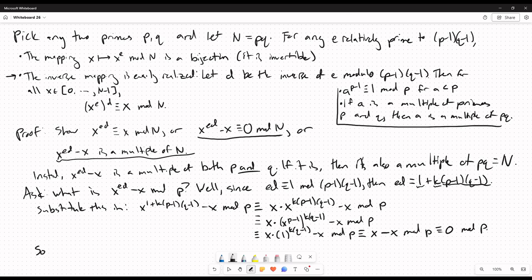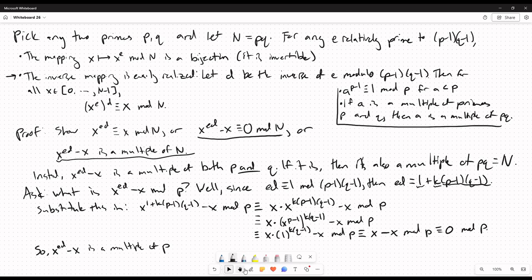So this shows me that x to the power of ed minus x is a multiple of p, because I showed that it's equivalent to 0 mod p.